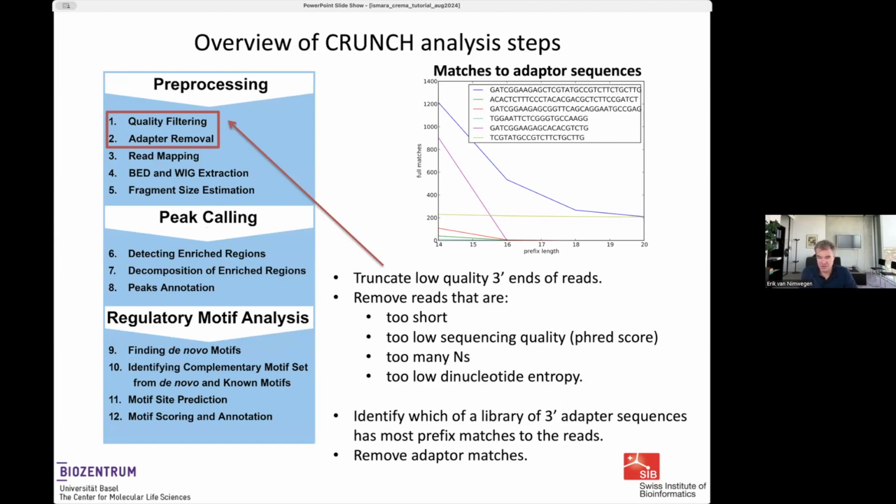So the reads that have low dinucleotide entropy are also removed. And then also sometimes when data is uploaded, there are still sort of the adapters from the sequencing still attached to them. And so we also have part of the pipeline where we look for remaining adapter sequences and remove them.